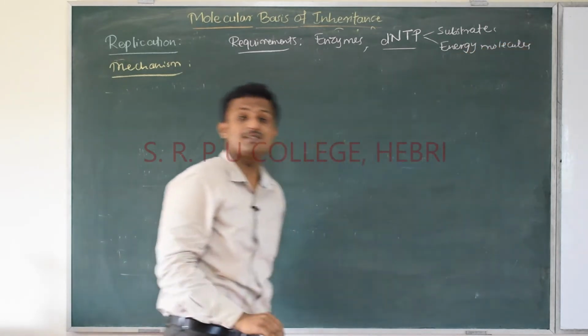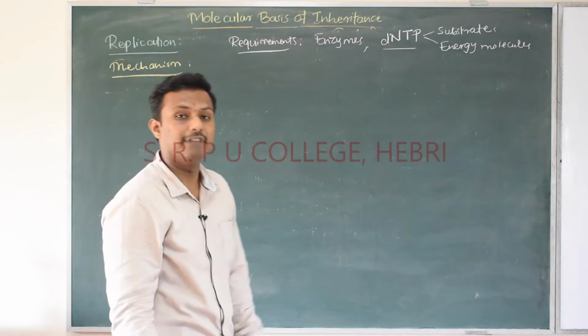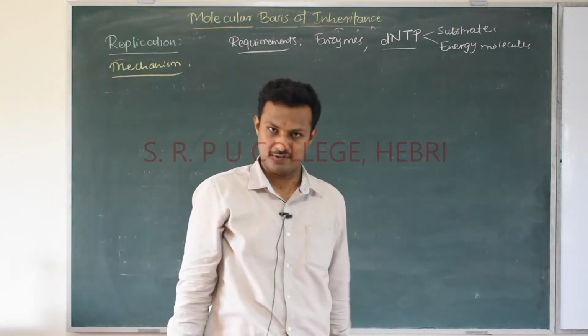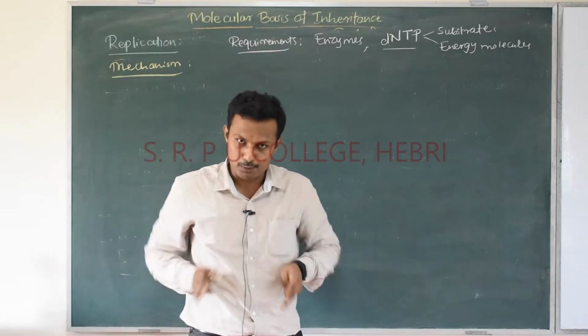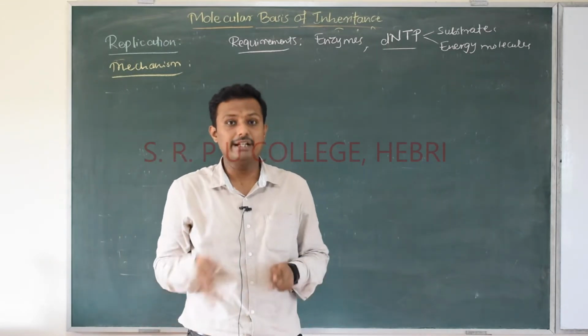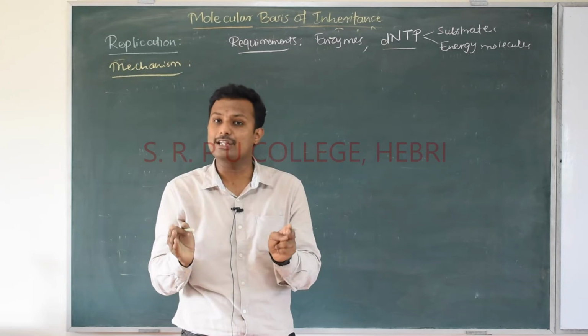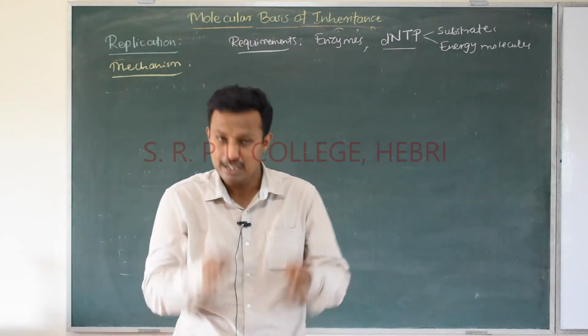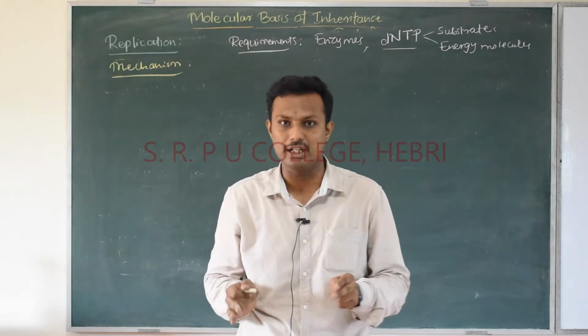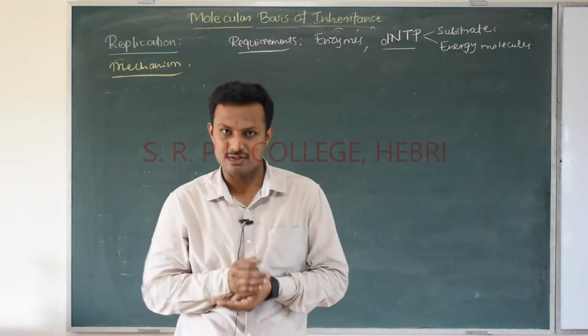That means this replication is a very high energy consuming process. It requires a lot of energy to unwind the DNA and to produce the new strands of the DNA, right? Because of the high accuracy and high efficiency of the DNA dependent DNA polymerase enzyme, it will require a lot of energy in order to do all these functions in the cell.